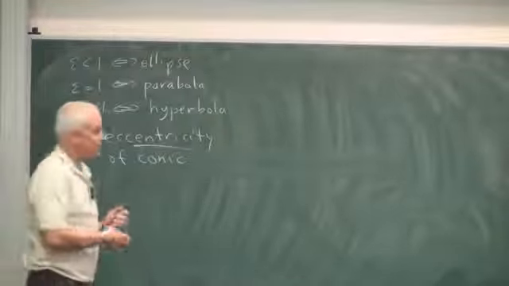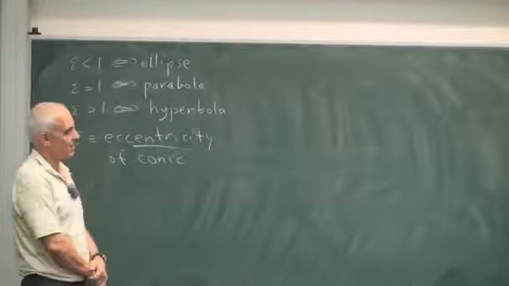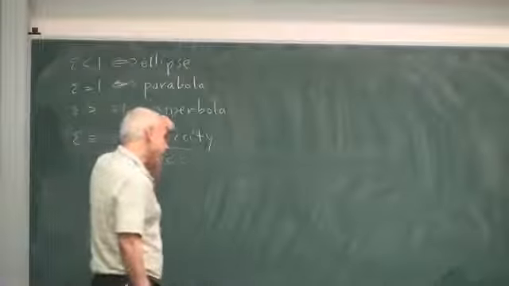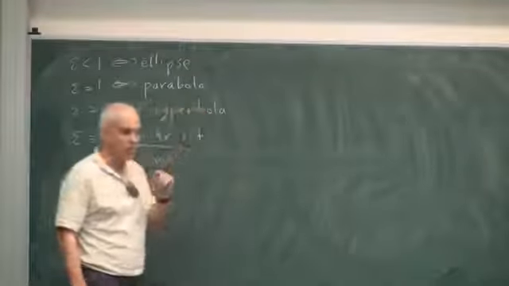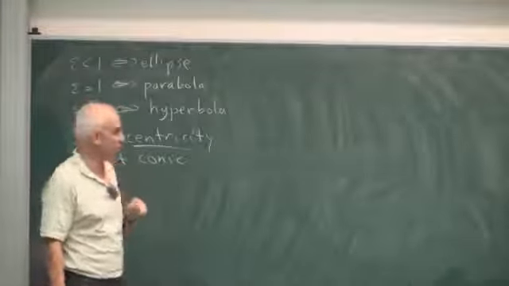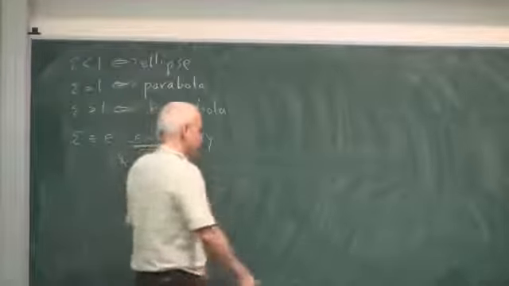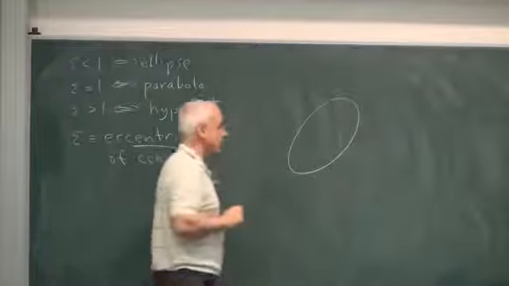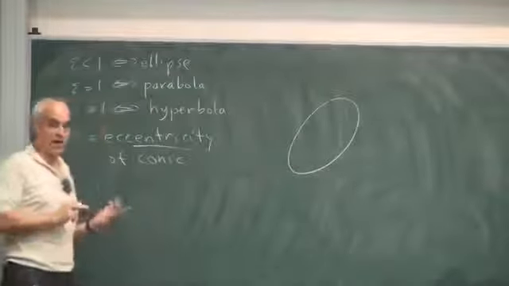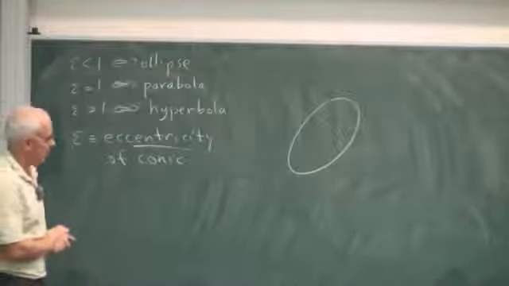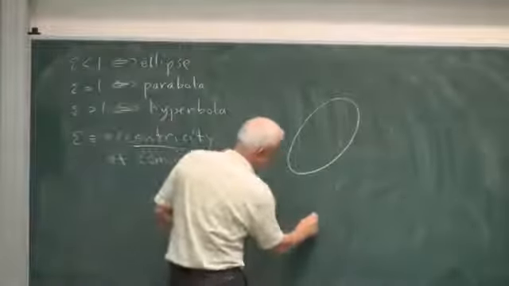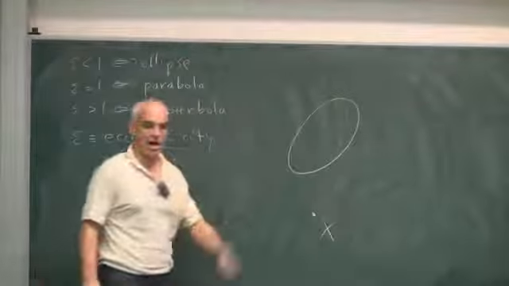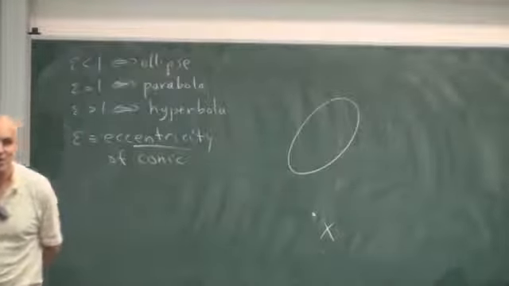So what kind of things did Apollonius prove? Well, he proved many things, and I'm going to just mention one or two rather important things that you may not know about. Let's say we take a conic section, and I'll draw it as an ellipse, but it actually works also for a hyperbola or a parabola. And suppose you take a point x, say outside the ellipse.